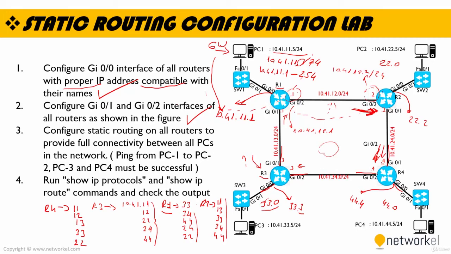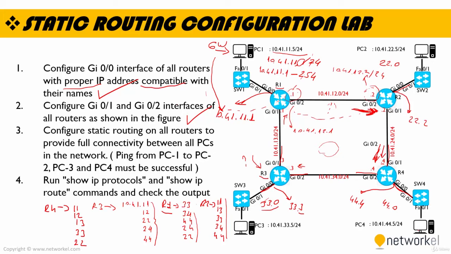Router 2 will get this packet, and router 2 is directly connected here, as you know, and will forward the packet to PC2 directly. But if PC1 wants to communicate with PC4, router 2 will also get the packet and send it to router 4. And because router 4 is directly connected here, it will send the packet to PC4. That's the logic behind this.